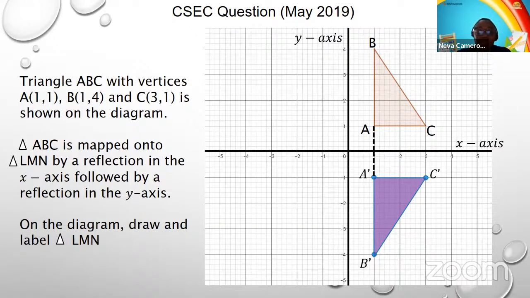Question said we're reflecting ABC onto LMN by 2 reflections, reflection in the x-axis and followed by a reflection in the y-axis. So can you tell me which quadrants, where will my next reflection fall? Will it fall up here, or will it fall down there? In the second quadrant or in the third quadrant? Let me know in the chat.